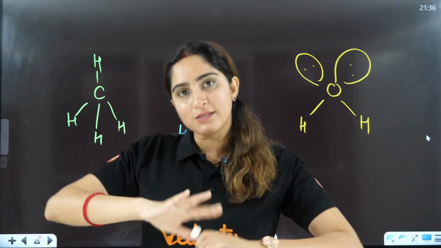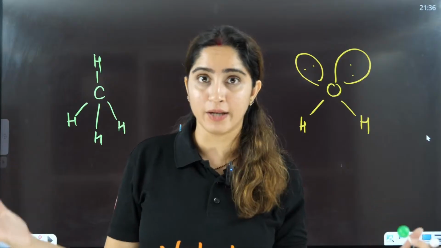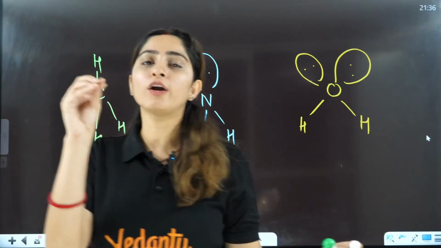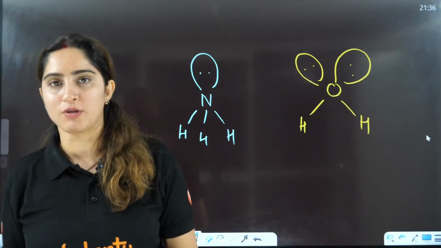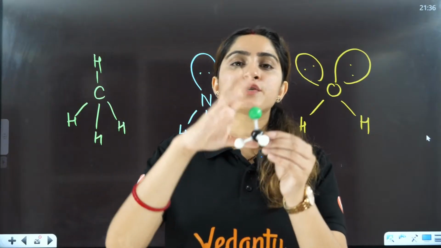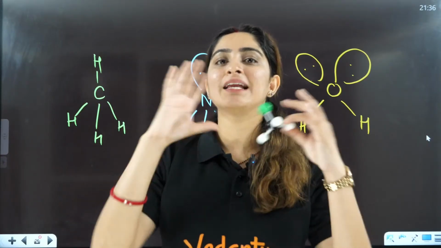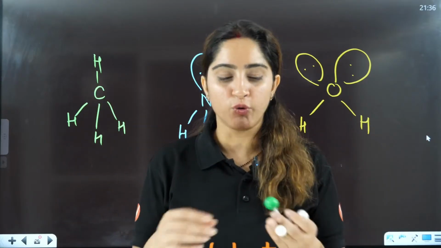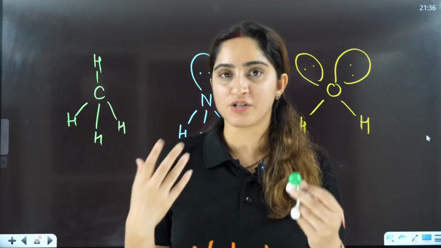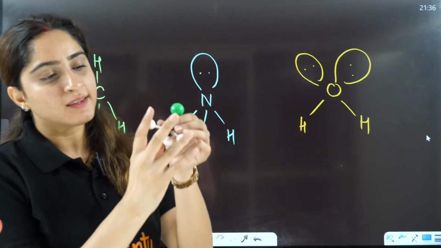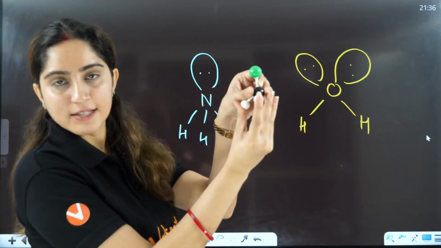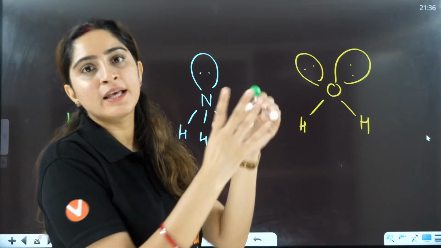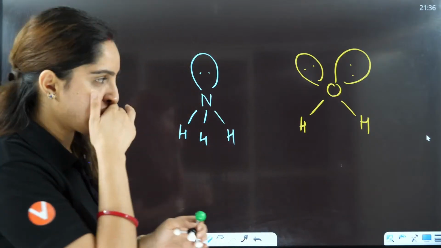But lone pairs are free electrons, so they have an electron cloud which can spread out more. That is why these repulsions are more, and that is the reason this angle will decrease, to around 107, right?